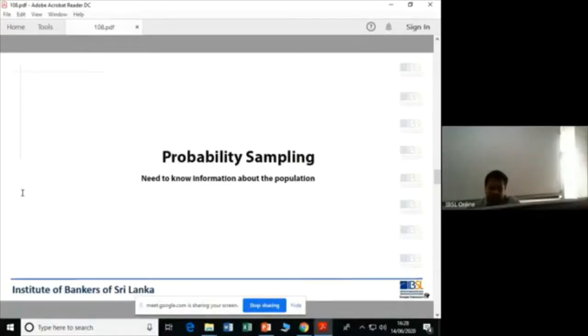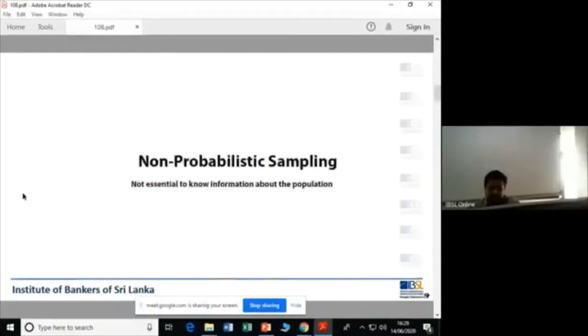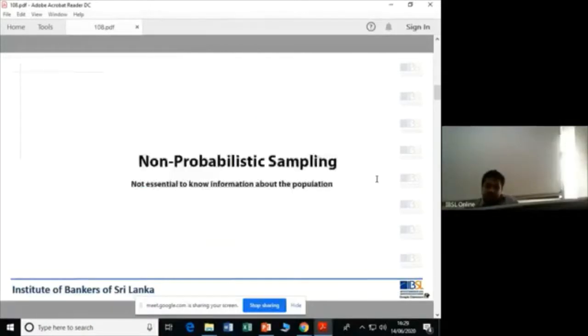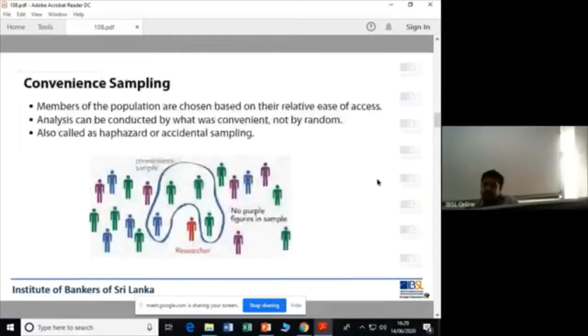Let's do a quick recap. These are the 4 types that we discussed under non-probabilistic sampling: convenience, judgmental, quota, and snowball. Convenience is very easy to remember. It is the convenience or easiness for the researcher to reach data points.